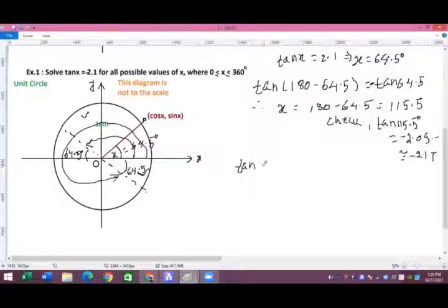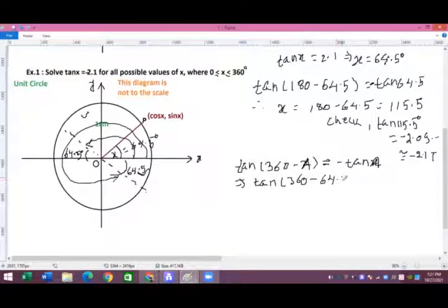You also know that tan in the fourth quadrant, tan of 360 degrees minus x equals minus tan x. That means you have tan of 360 degrees minus the principal value, you can call it a, no problem. The principal value is 64.5, and that must equal minus tan 64.5.